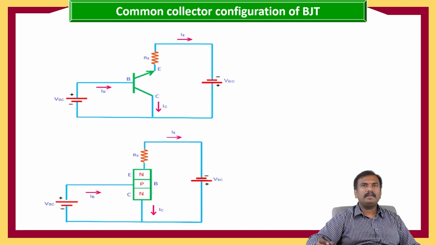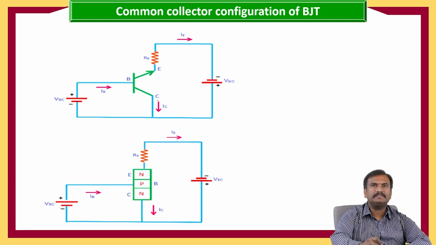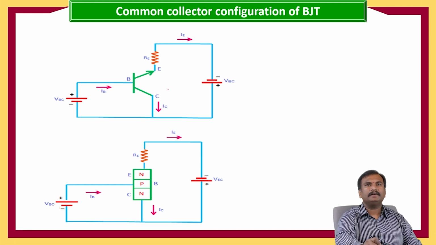This is the way the circuit is connected. Here the collector is made common between the base and emitter terminals. This is an NPN transistor, and we need the base junction to be forward biased and the emitter junction to be reverse biased.